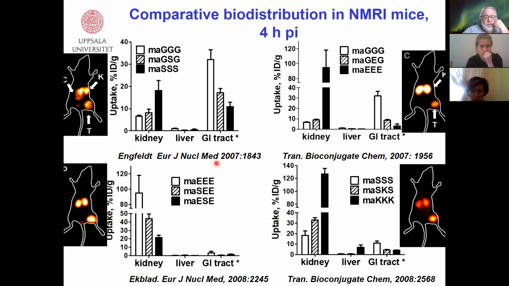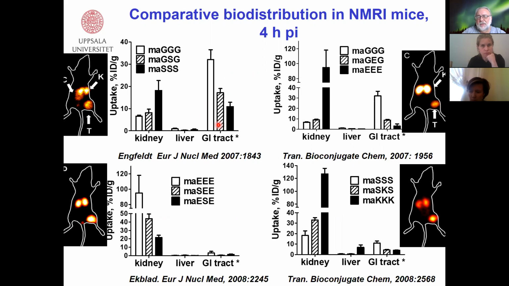So our first step was to increase hydrophilicity. We did it cautiously, substituting one by one glycine, which is pretty lipophilic, with serine, which is hydrophilic. They're polar, not charged. What we found is that substituting a single glycine with serine reduced twice the activity excreted into the gastrointestinal tract.